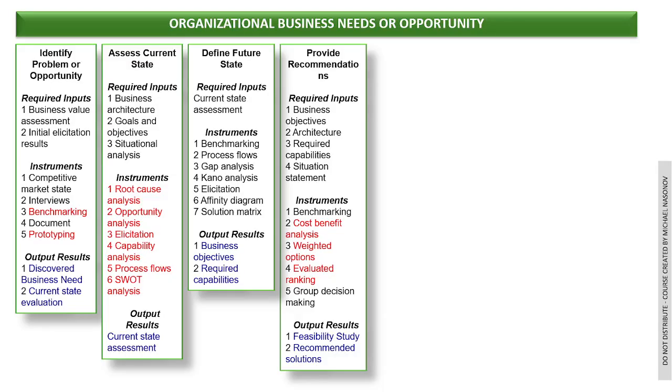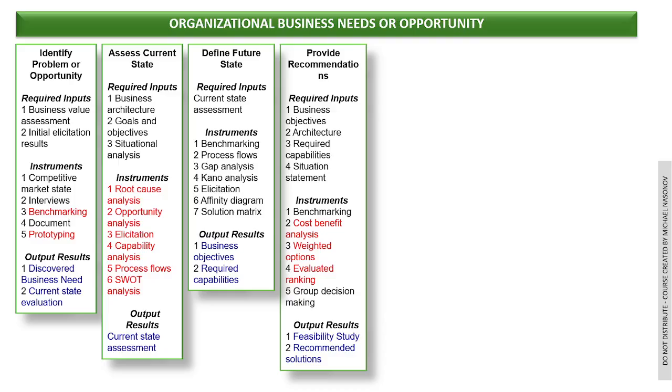Provide recommendations. Required inputs: business objectives, architecture, required capabilities, situation statement. Instruments: the same benchmarking, constantly comparing with existing products. But now we also have cost-benefit analysis, how this software product will benefit your organization. Weighted options, you simply weight your options.